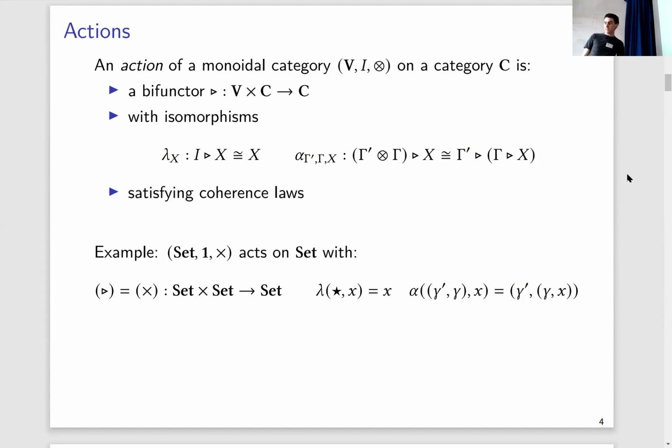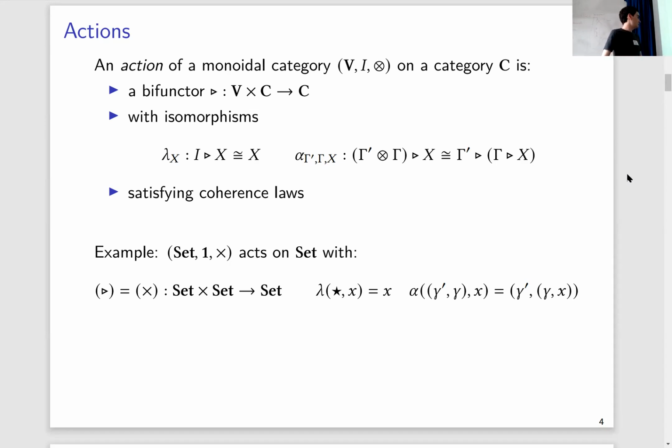First, I'll start by giving the definition of strong functor, and I'm going to do this in quite a lot of generality, more generality than I really need, but I want to talk about actions at some point, so I might as well introduce them now. Suppose in general that we have some monoidal category B. You should just think of this as a Cartesian category, so sets with products or something like this.